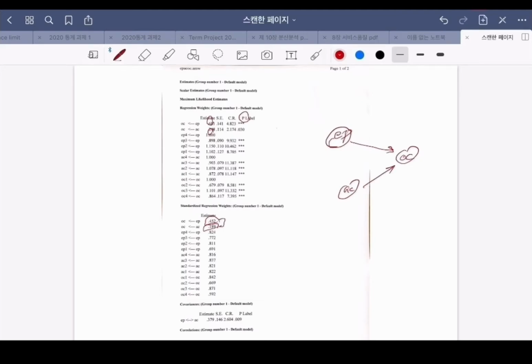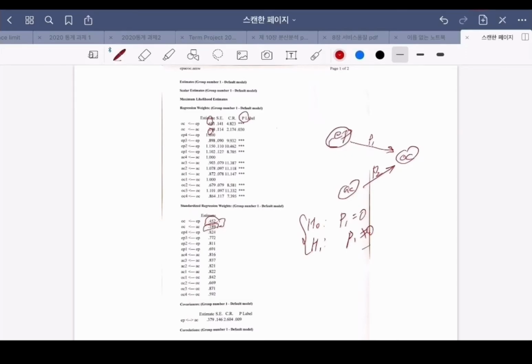Let's say this is coefficient P1 and this one is coefficient P2. You want to test whether P1 is equal to 0 or P1 is not equal to 0. If P1 is equal to 0, that means there is no relationship between EP and OC.